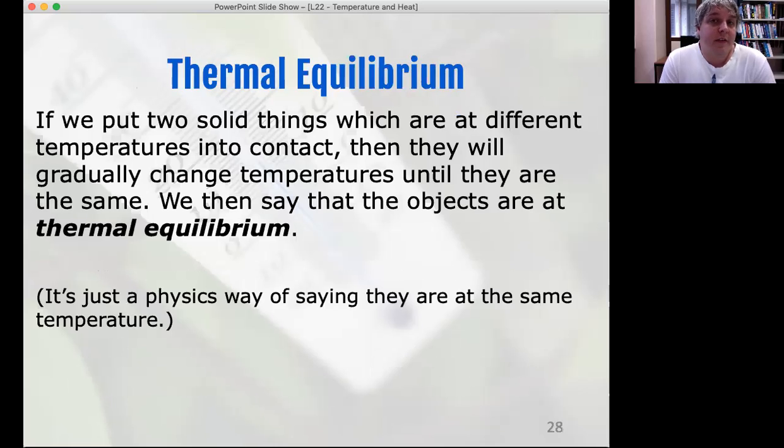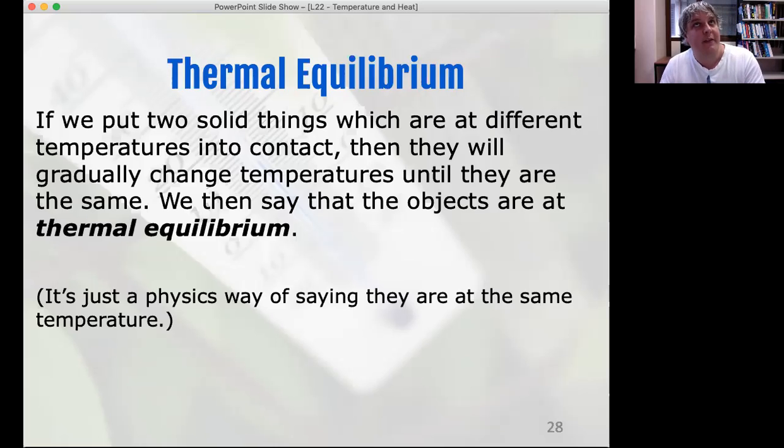Thermal equilibrium is another term to learn the definition for, and that is actually just a physics way of saying that two things are at the same temperature. That's all it means. If you've got two solids in contact and they are at different temperatures, then they will exchange energy. The colder one will gain energy from the hotter one. The hotter one will give energy to the colder one. So they'll change temperature.